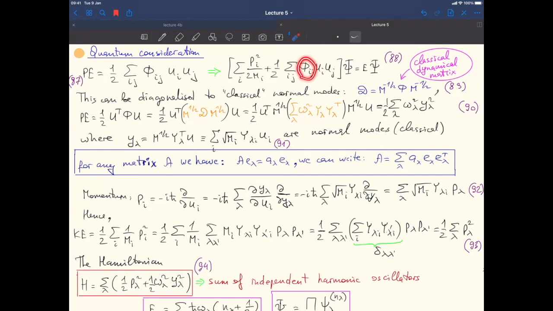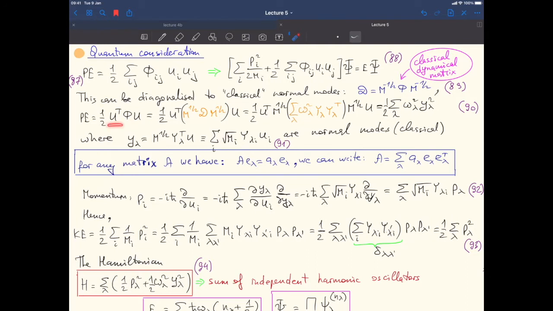Okay, so in order to fulfill this program, we shall recall that instead of the force constant matrix phi, we can introduce a mass-scaled matrix, which we call the dynamical matrix. It's exactly the same as in the classical case. And then we shall write the potential energy of our system, which is a quadratic form in terms of the vector of these displacements, in a matrix form in which we collected all the elements of the force constant matrix into this matrix phi, and all the displacements into the column vector u.